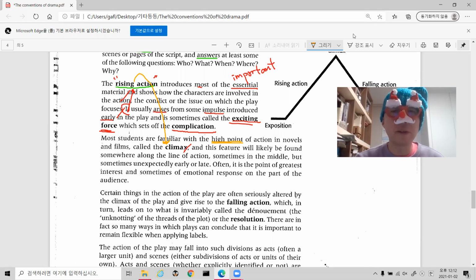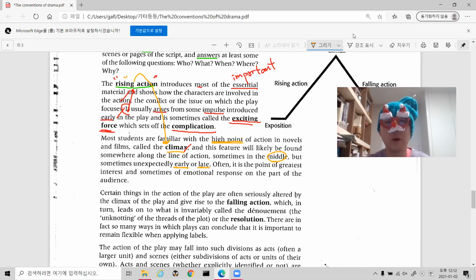So climax usually follows rising action, and the climax's position sometimes changes. It differs. Sometimes it happens in the middle, sometimes a little early, or sometimes a little late.